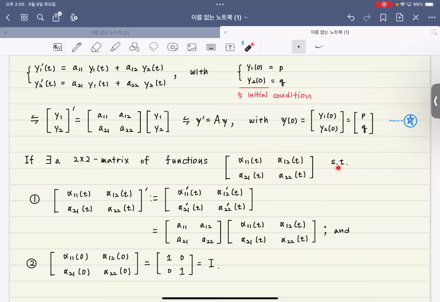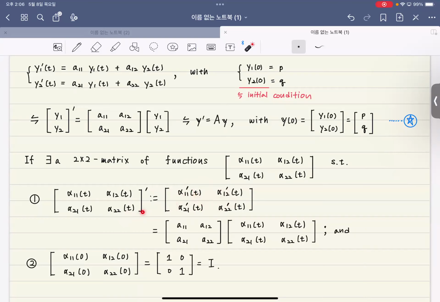Also let us assume that this matrix satisfies two conditions. The first condition concerns the derivative of this matrix. It may sound silly to discuss the derivative of a matrix, but it's not a big deal: our definition of the matrix derivative is nothing but entry-by-entry differentiation.